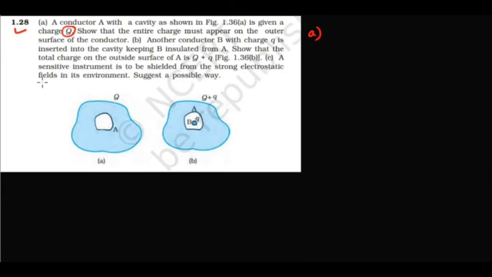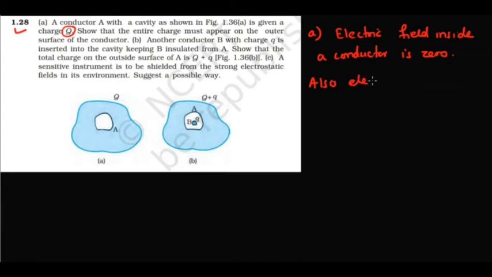So students, we already know that the electric field inside a conductor is zero, and we also know that the electric field inside a cavity is zero.